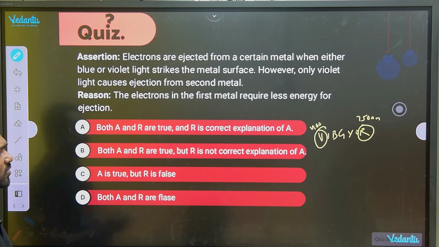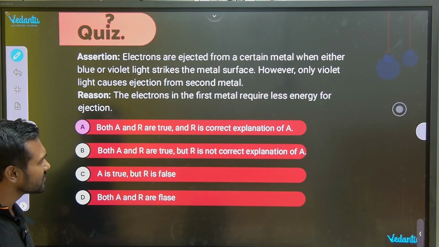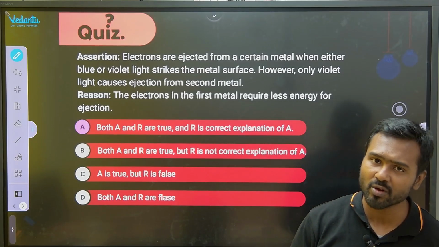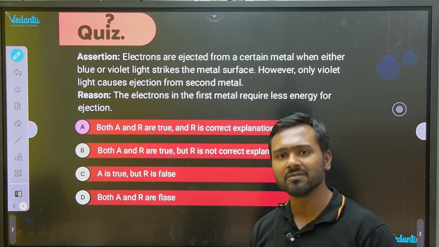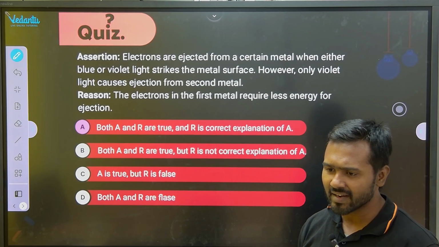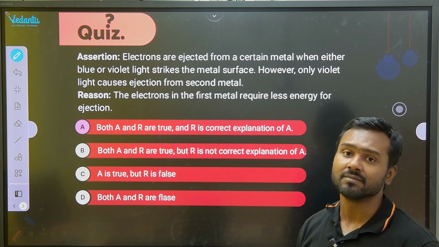So the second metal requires more energy compared to the first metal, right? Electrons in the first metal require less energy only. The second metal requires more energy because only violet works, which means it is more energy. So the first metal is less energy, because violet as well as blue works.